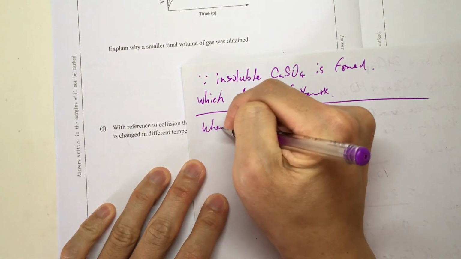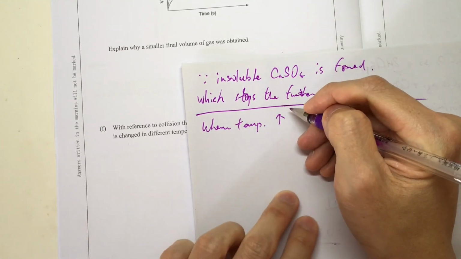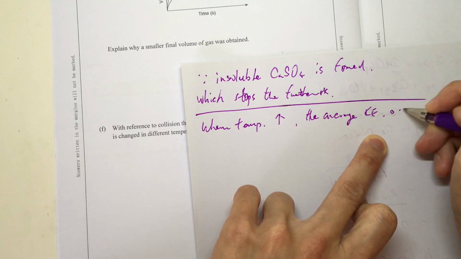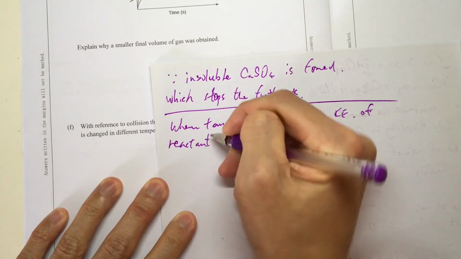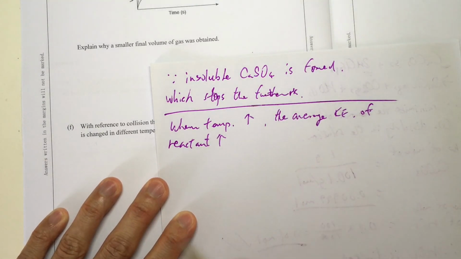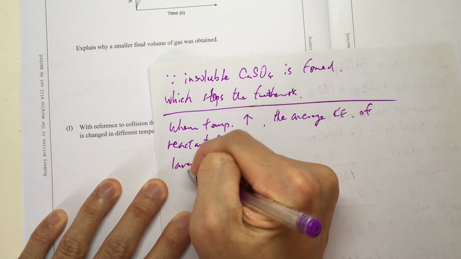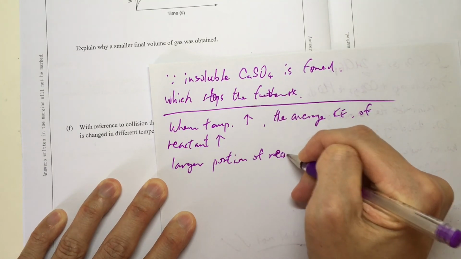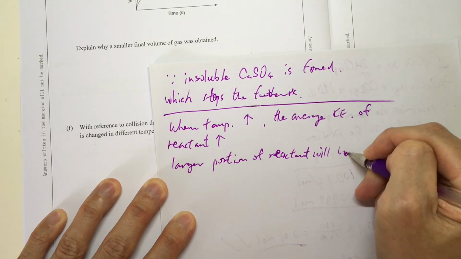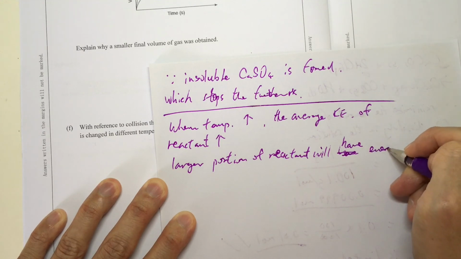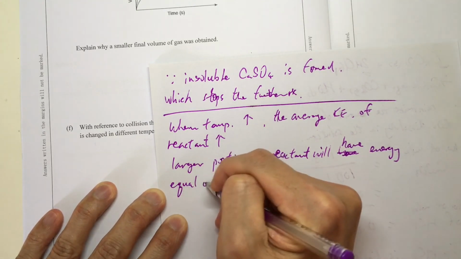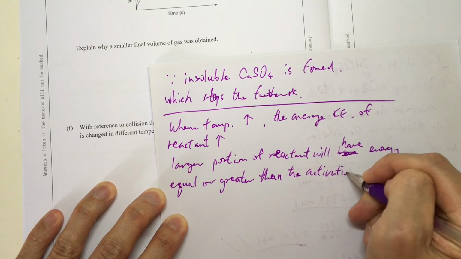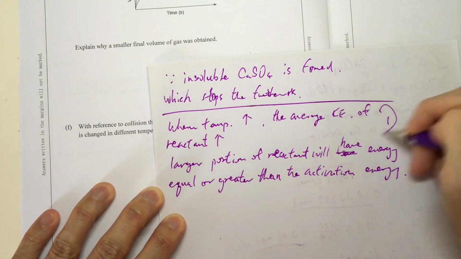When temperature increases, the first is the average kinetic energy of reactant increases, and hence a larger portion of reactant will have energy equal to or greater than the activation energy. So this is the first mark, this is the second mark.